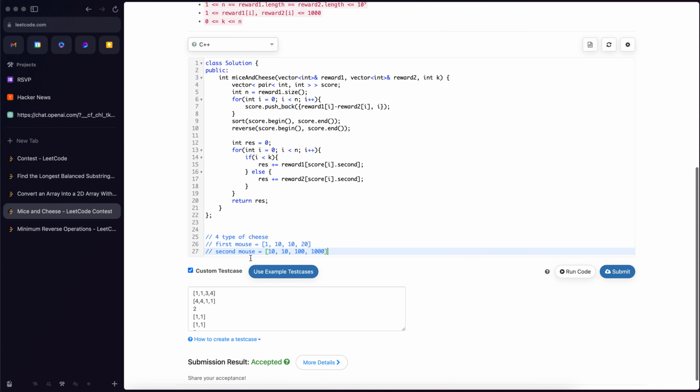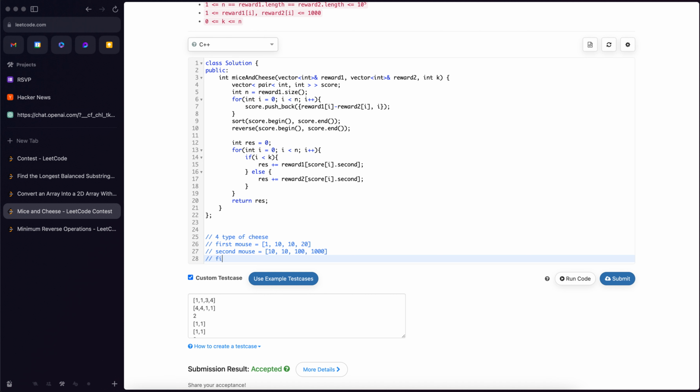Now the third input would be that the first mouse has to eat 1 type of cheese, that is, k is equal to 1.